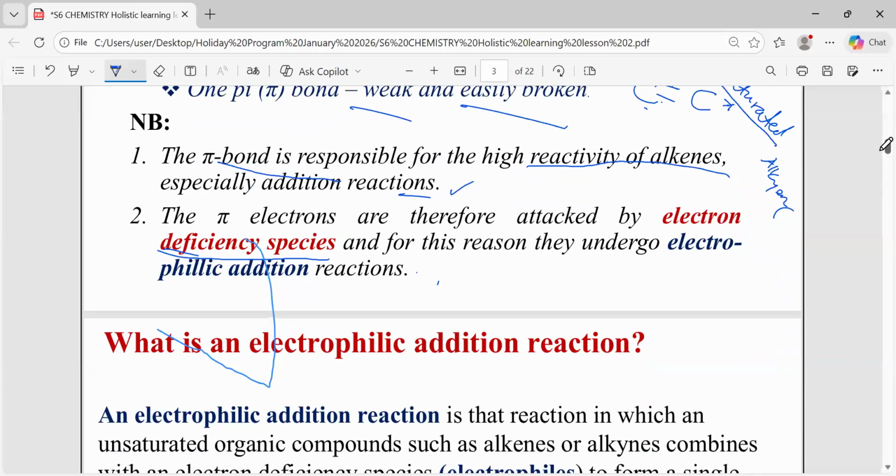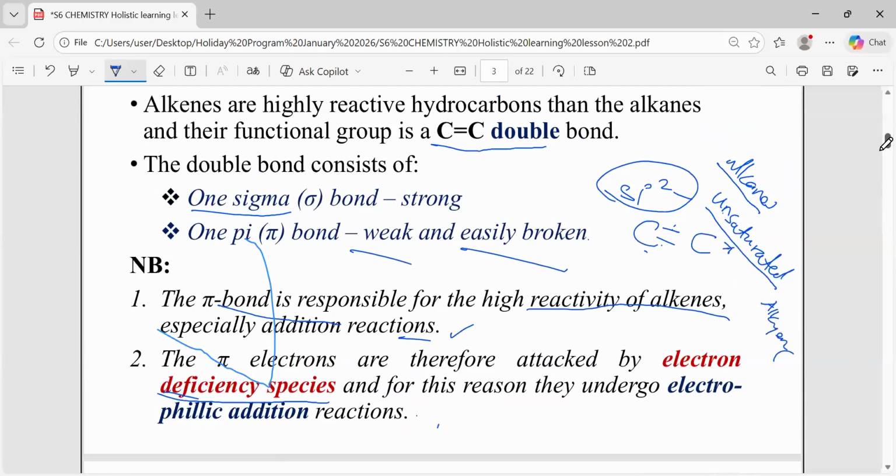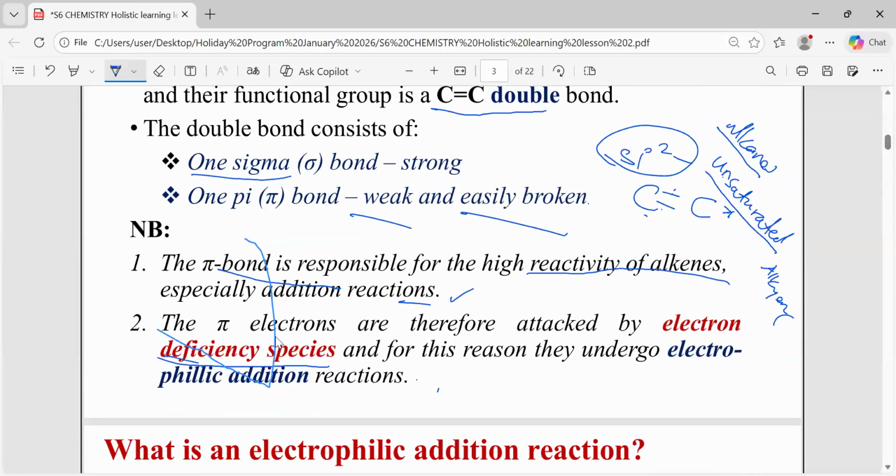So we are coming to point number 2: the pi electrons are attacked by electron deficient species, and for this reason, they undergo electrophilic addition reaction. And here is that question. What is an electrophilic addition reaction? Jovix says electron deficient is also called electrophile.